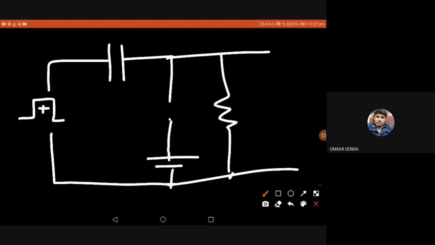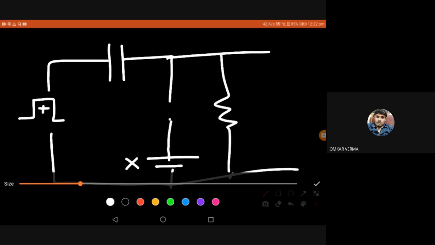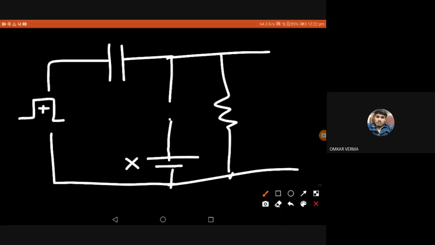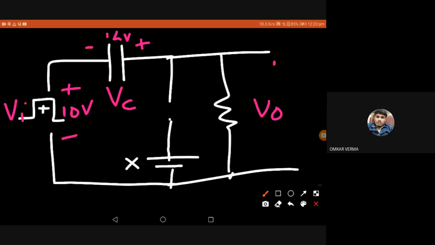So there is no need to consider this VB. So VC. What is the charge across the capacitor? Minus plus 14 volt. And input we know is plus minus 10 volt. So V input and we have V output. I'll assume a convention like this, plus minus for V0, because I don't know the sign.